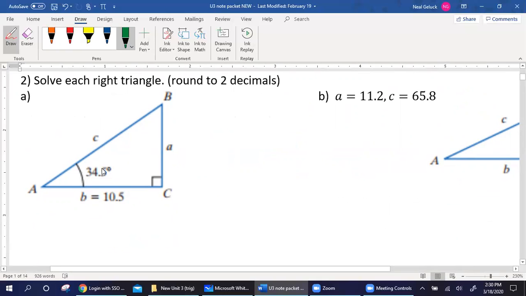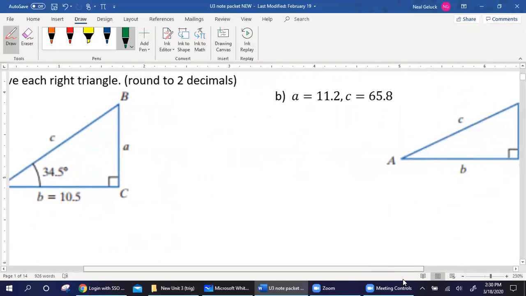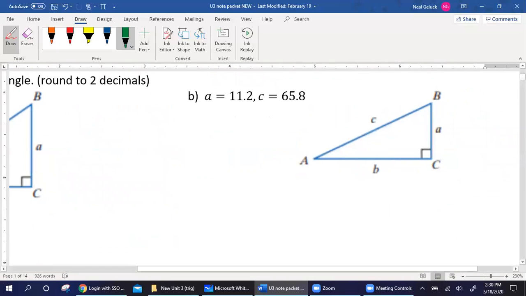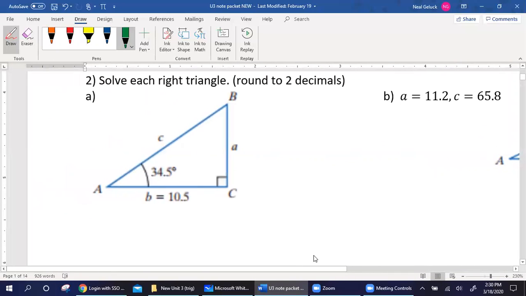Either I give you two angles, in this case 34.5 and 90, and one side, 10.5. Or, in the next problem, I give you one angle, the 90, and two sides, which are given in the problem. So there'll be one of those two. But when it says solve the triangle, I need to find out all the other information.